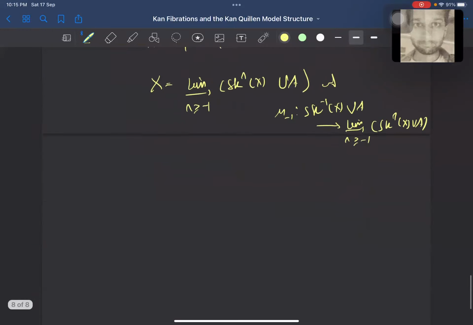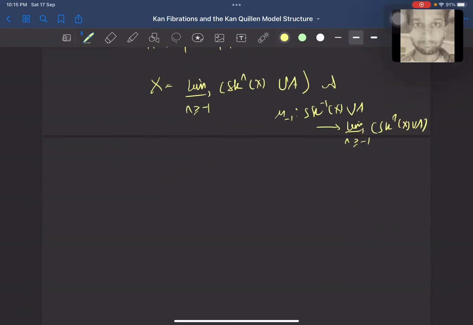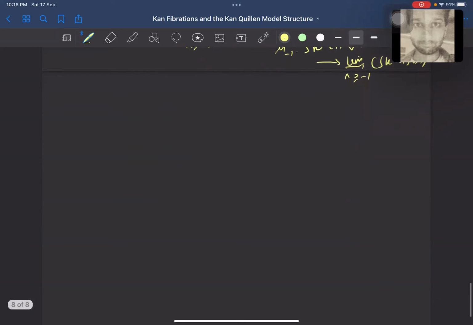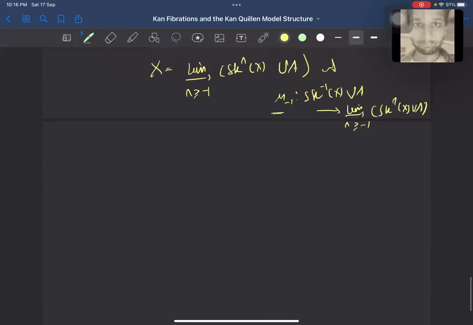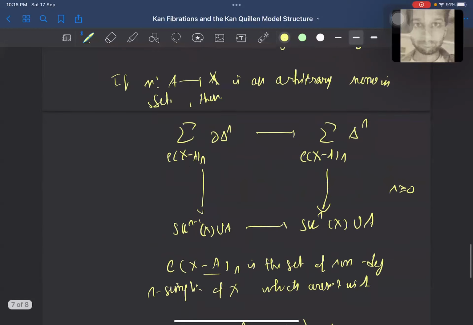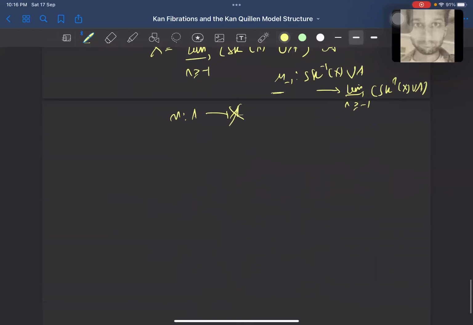So this functor that we have is precisely the initial monomorphism that we had.